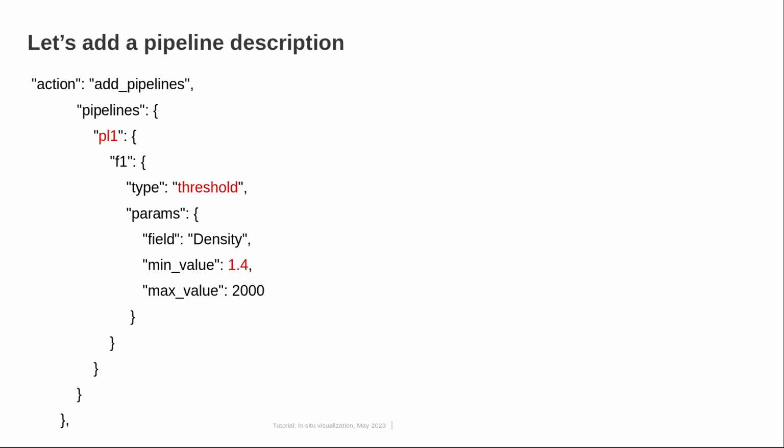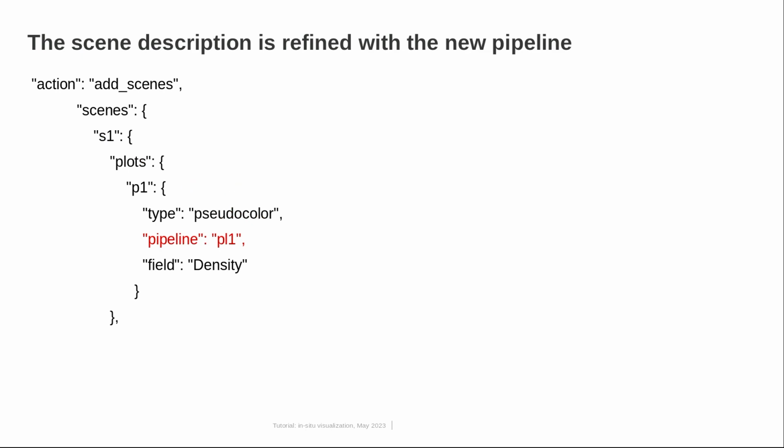And okay, here's something important here. We've seen the description of scenes with a pseudo-color of a particular variable, here called density. But what we had in the previous examples, we had the mesh itself without any transformation.